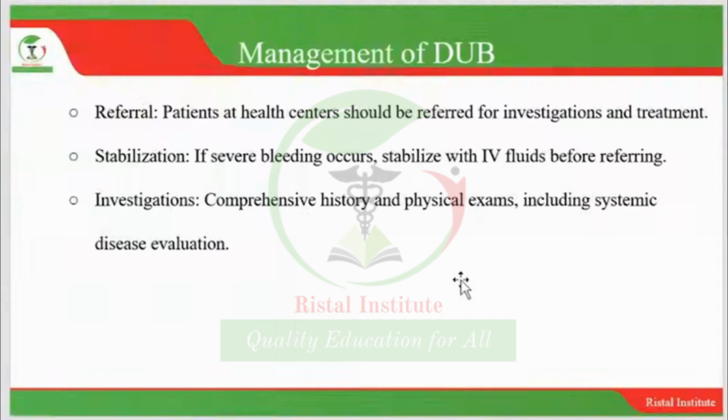Patients at the health centers should be referred for investigations and treatment. Stabilization. If severe bleeding occurs, stabilize with IV fluids before referring. Then investigations, comprehensive history, and the physical exams, including systemic disease evaluation.